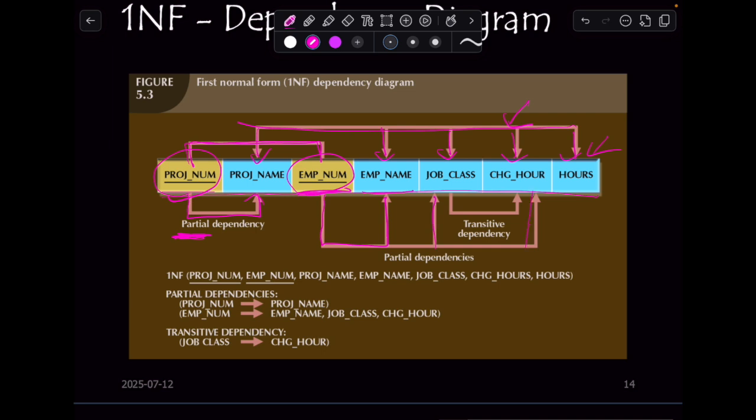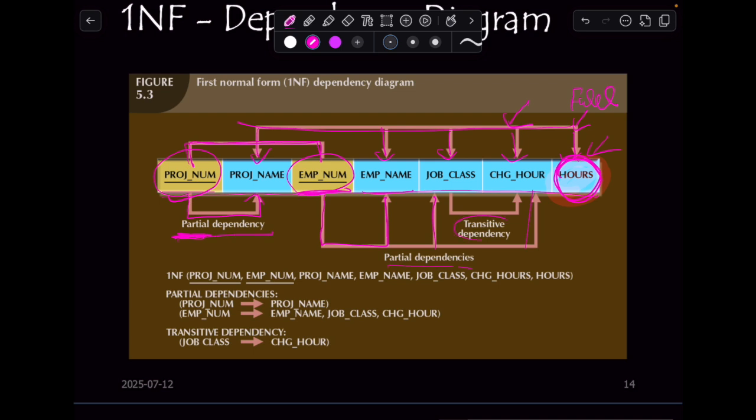and the charge hour. And note that for hours, you cannot determine it with just one of the primary key attributes, but you need both of them. So the dependency to hour is called the full functional dependency, but for all others, we can see partial dependency.